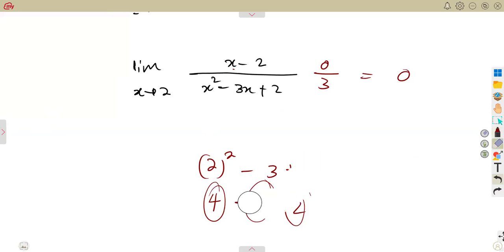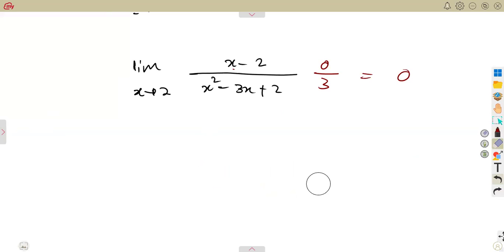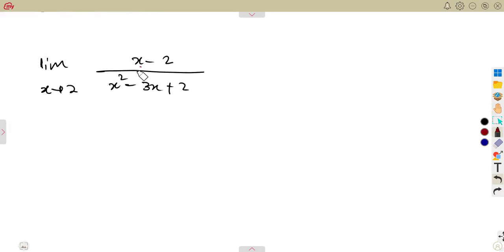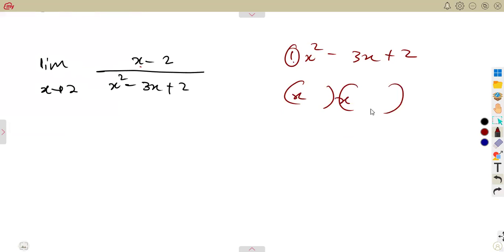But as we want to consider factorization and see if we're going to have this 0, let's consider our factorization. We must consider the denominator: can we factorize x squared minus 3x plus 2? There we've got 2 brackets. The coefficient of x squared is 1, so it's going to be x and x.